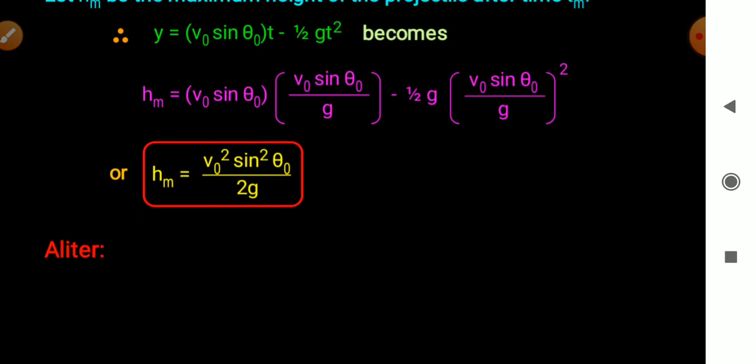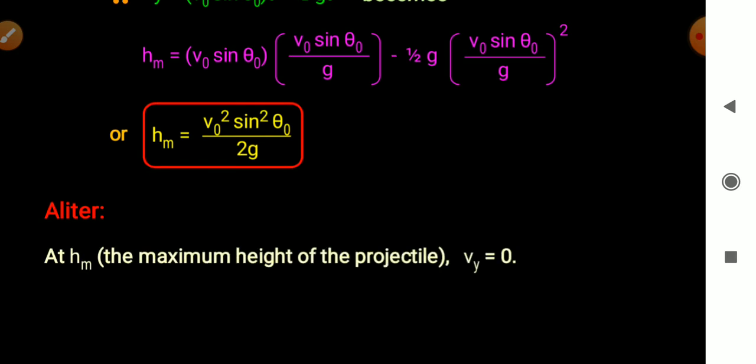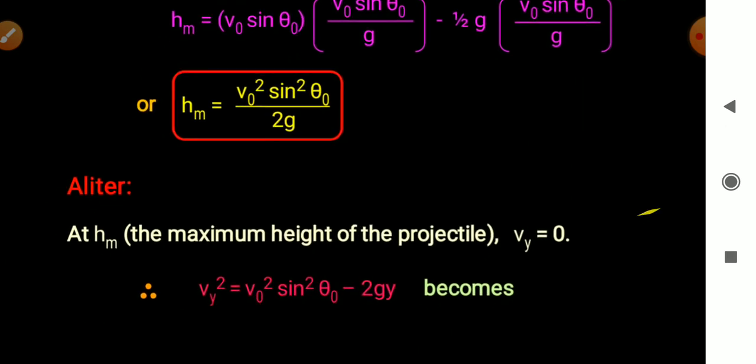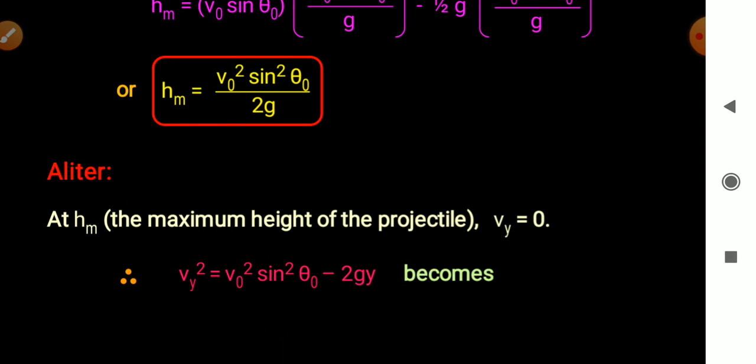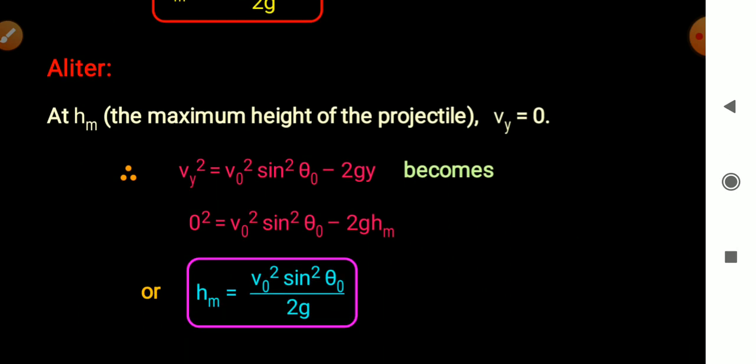We can solve this by another method: at Hm, the maximum height of the projectile, we know that vy is equal to 0, right? From the third equation, vy square equal to v naught square sin square theta naught minus 2gy. This becomes 0 equal to v naught square sin square theta naught minus 2g Hm. So on solving, Hm equal to v naught square sin square theta naught upon 2g.